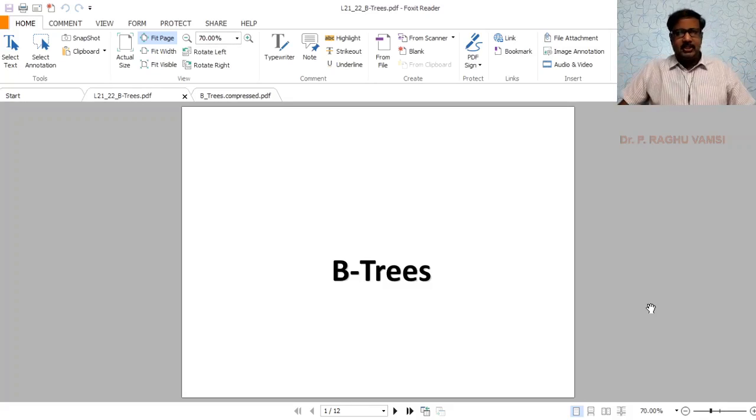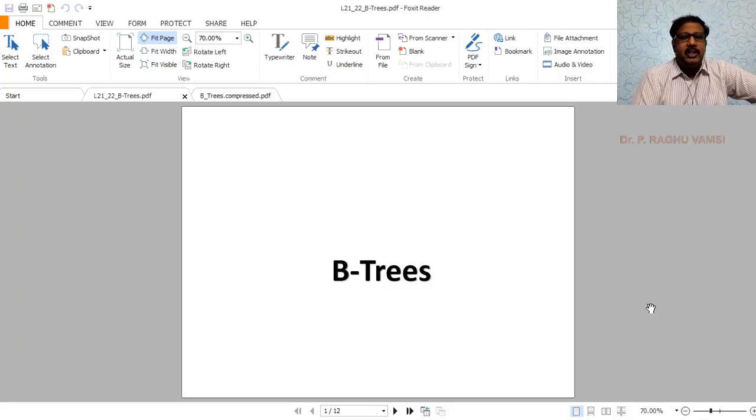In the B trees, there will be some secondary storage devices on which you are going to arrange the main content, and that main content's keys will be stored in memory here. Based upon the main content keys, the accessing of the main content will take place.